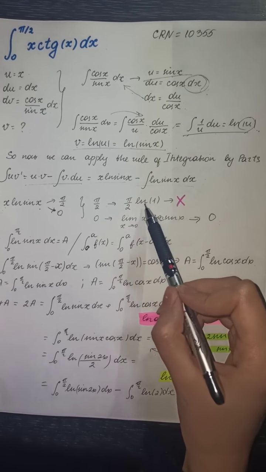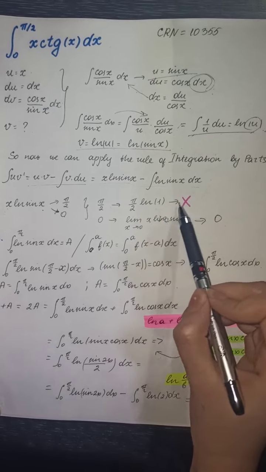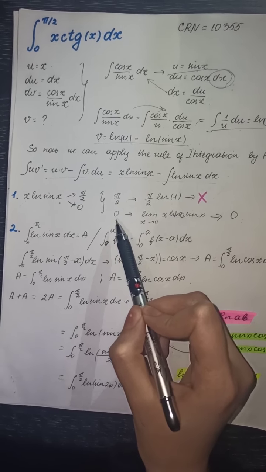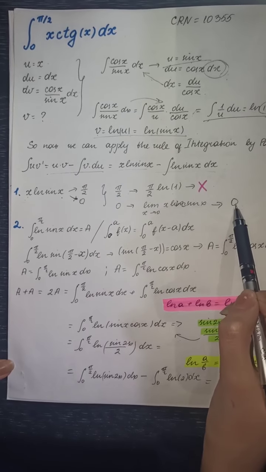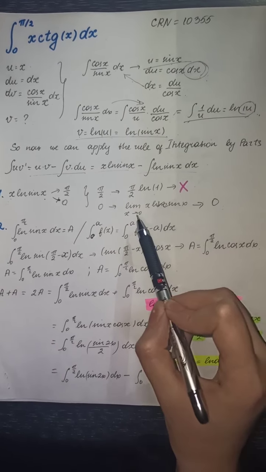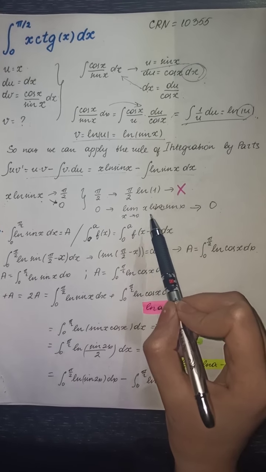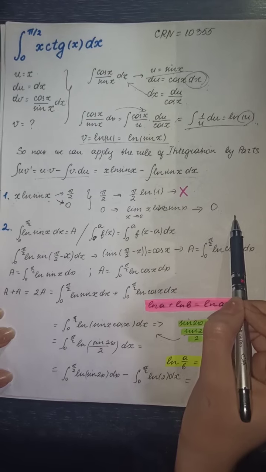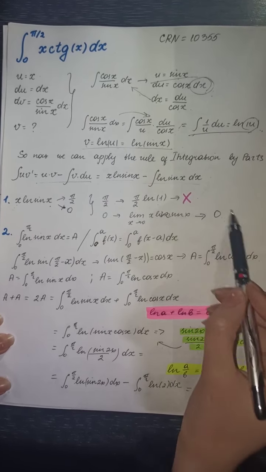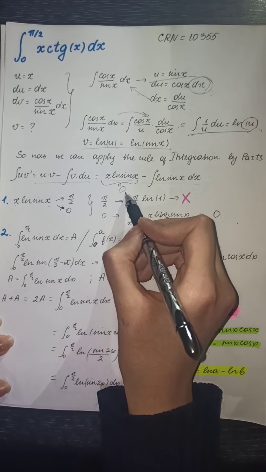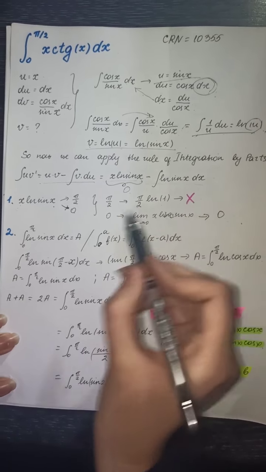And we all know that ln 1 is 0, that's why we can use it. When we use 0, it equals 0. But instead of using 0, I prefer to use the limit as x approaches 0 of x ln sine x, which equals 0. And because of this, we understood that it equals 0, and we need to find the second part.